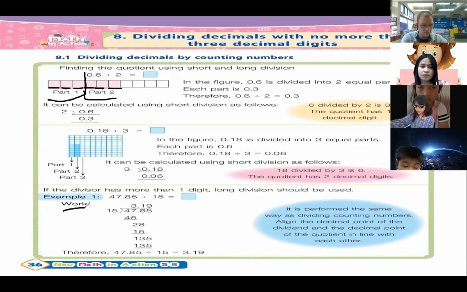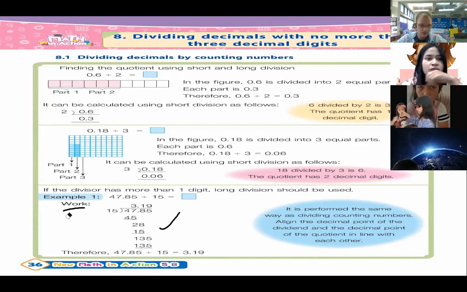And at the bottom, they have an example where they do the long division for us and how they get to the final answer. So we will have a look at that as well in the next slide. Let's quickly just read what they say, especially here at the bottom, blue block.